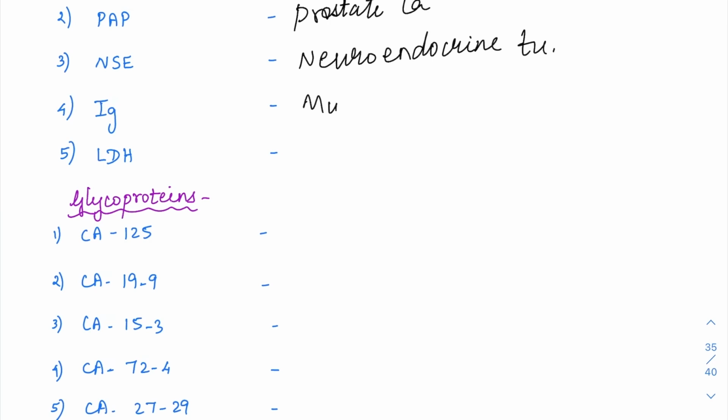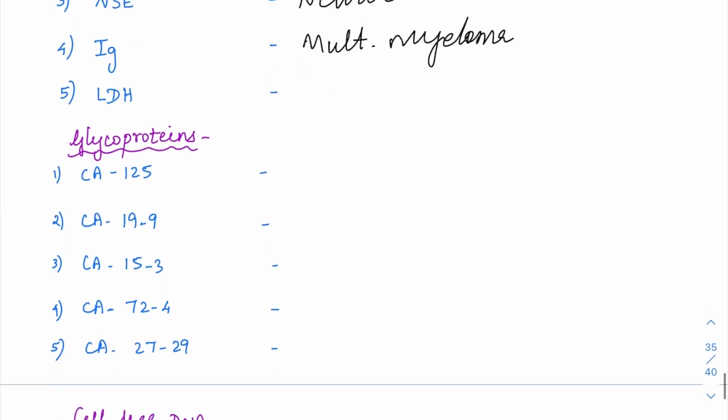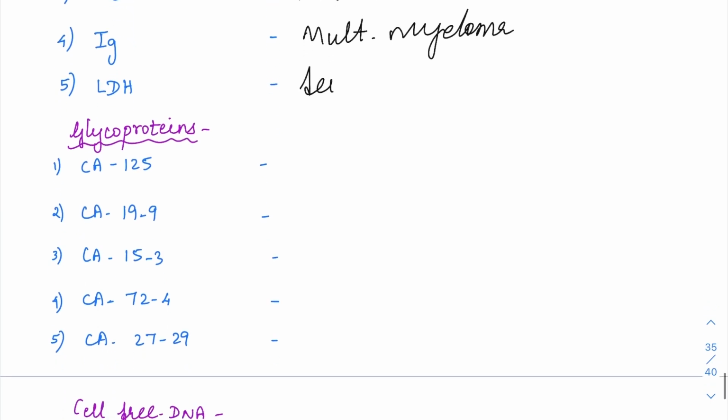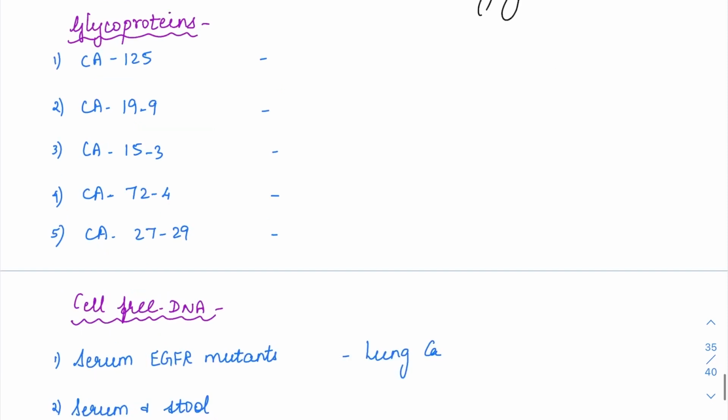Immunoglobulin is for multiple myeloma. LDH is for seminoma usually. Seminoma or dysgerminoma. LDH is lactate dehydrogenase. Glycoproteins: CA125 is going to be elevated in ovarian epithelial tumors, especially the serous carcinoma of the ovary.